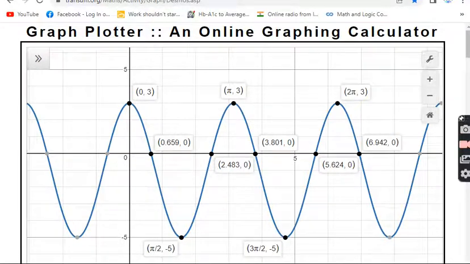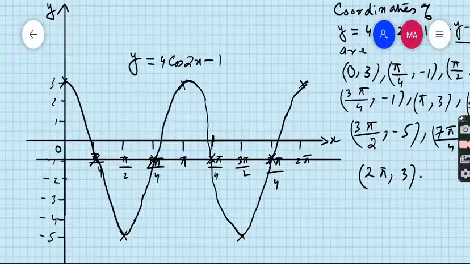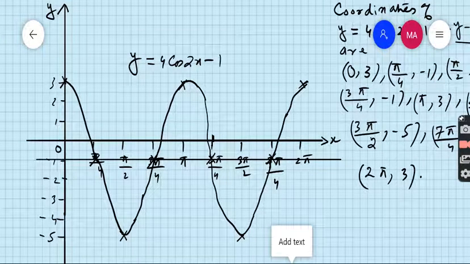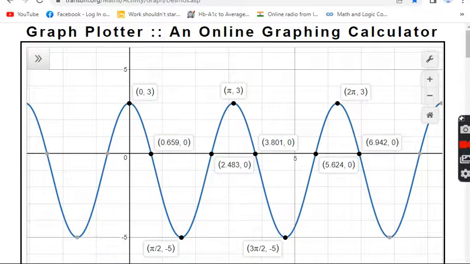This graph plotter is not showing y equals -1, but you must show y equals -1. See my graph, y equals -1. The graph is 100% the same. The graph plotter has no mistake, but in this graph plotter the line y equals -1 is not showing.